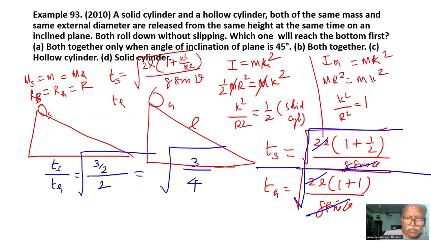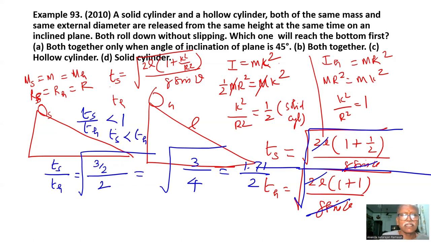Root 3 by root 4. Root 3 is 1.7, root 4 is 2, so that is 1.7 divided by 2. This is less than 1. Therefore, Ts by Th is less than 1, which means Ts is less than Th.